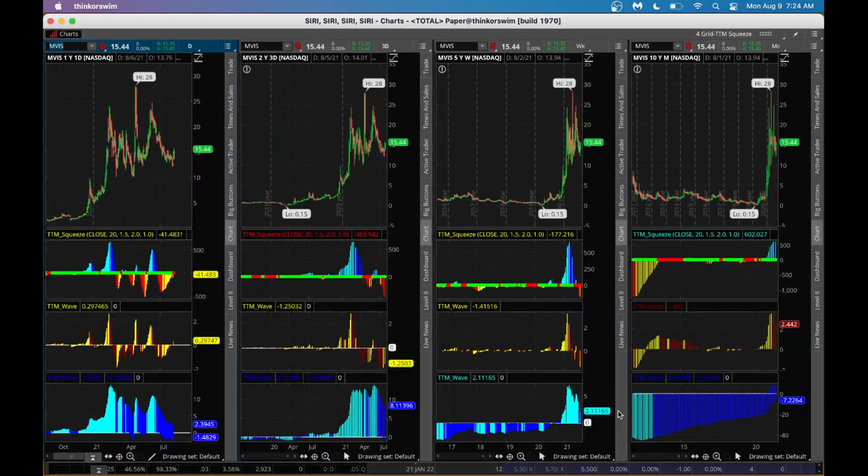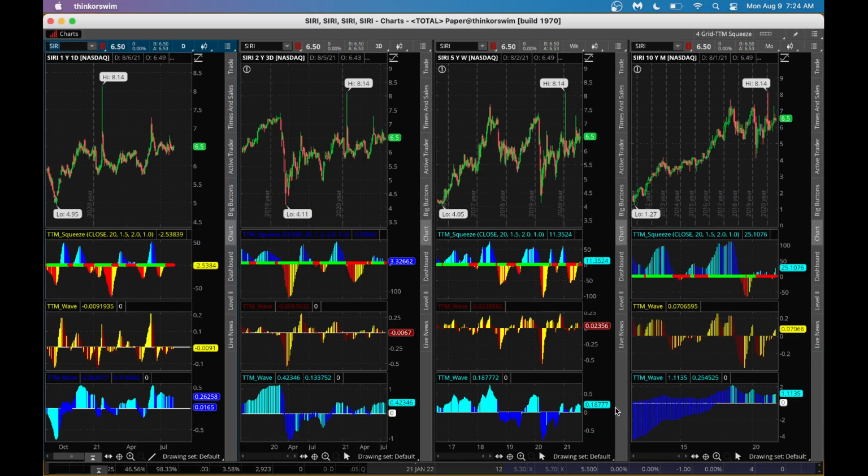So as you can see here in the squeeze chart, we got 1-day chart, 1 year, 2 year, 3-day, and 5-year weekly chart, and a 10-year monthly chart. We got red dots indicating tight compression in the squeeze chart here, and we got A wave below zero, and C wave, longer term C wave above zero.